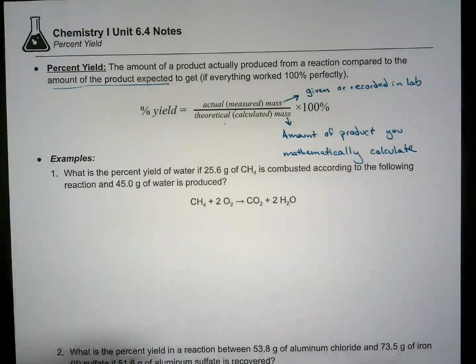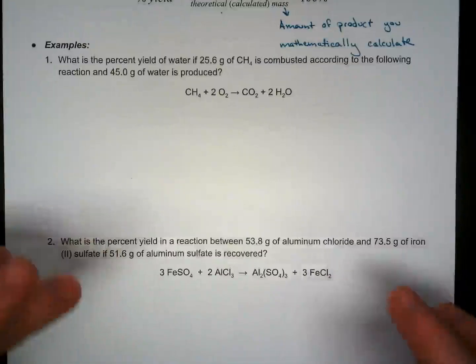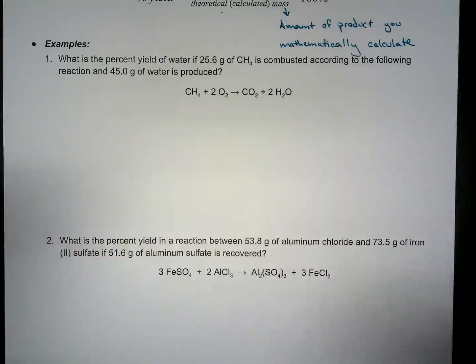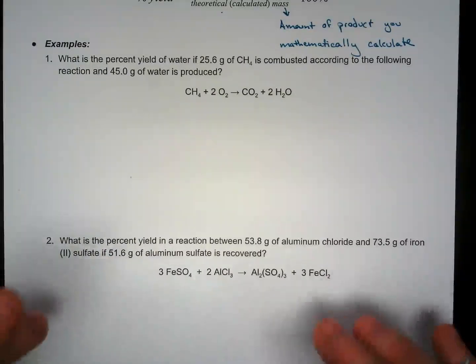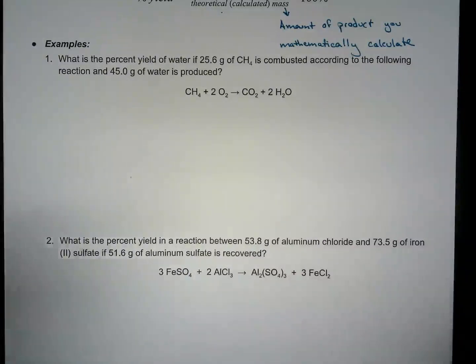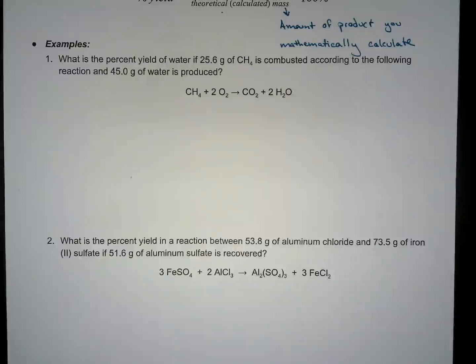Whereas in number two, we're starting from scratch. So we have to complete a BCA chart first. We have to convert a particular substance into its mass, and then using that mass, we divide what we actually got by it and see how close we were.